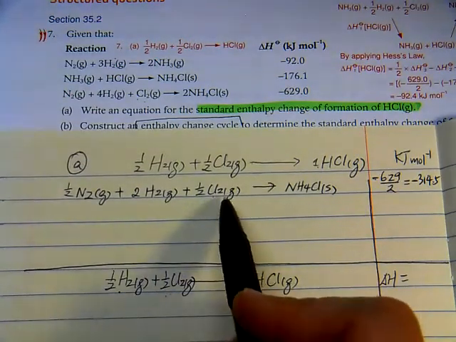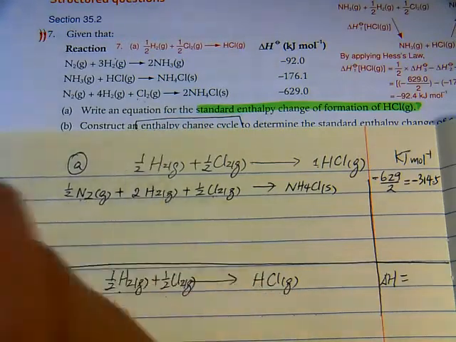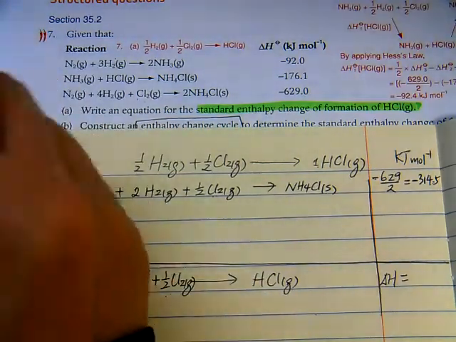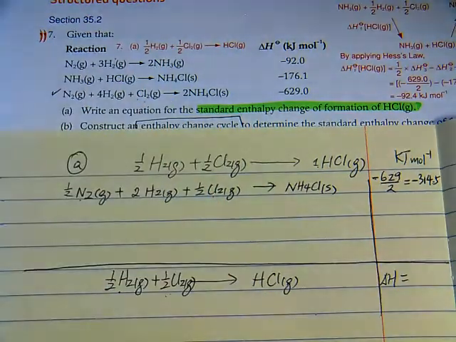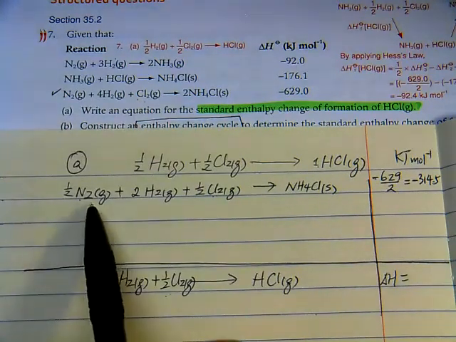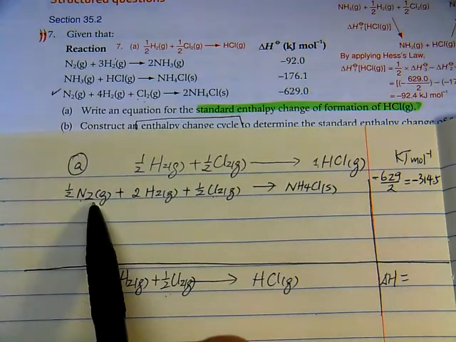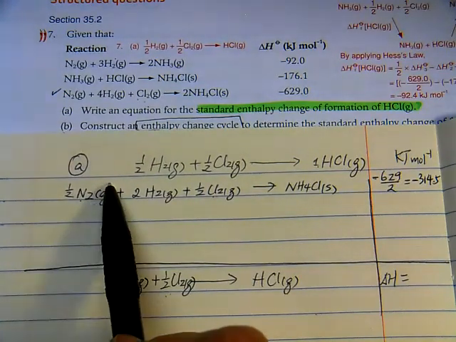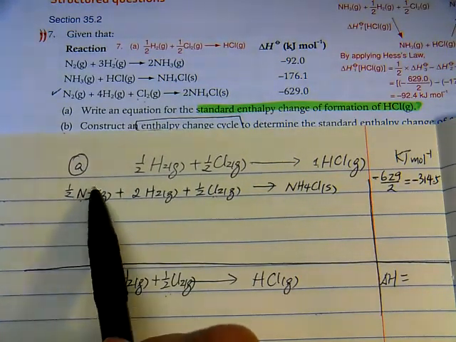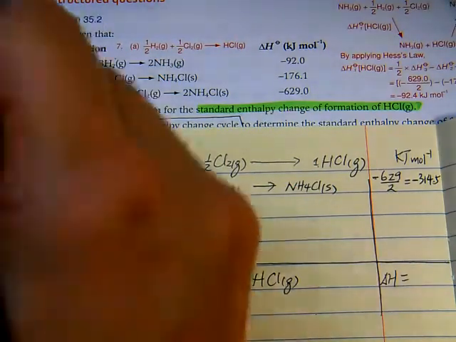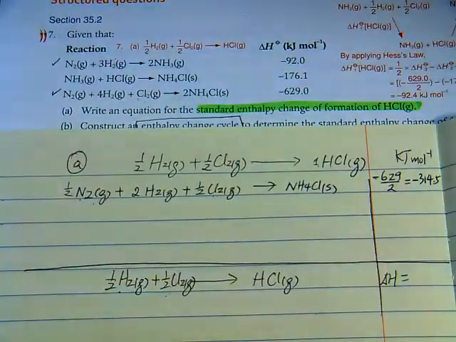Next, this equation has been used already. This one, put a tick. Next, we have introduced N2, half N2. We need to cancel it out, okay? In cancelling it out, that means we need to use the first equation.